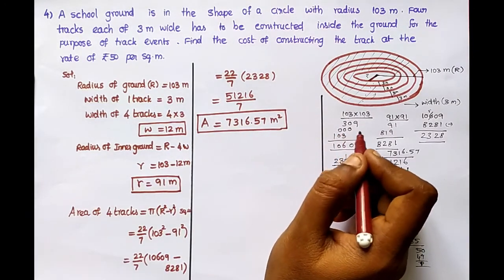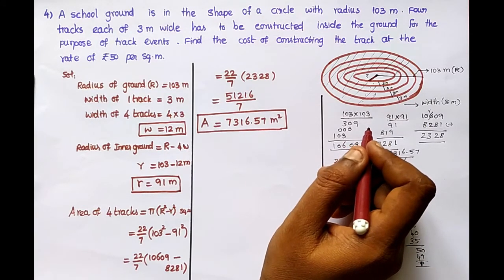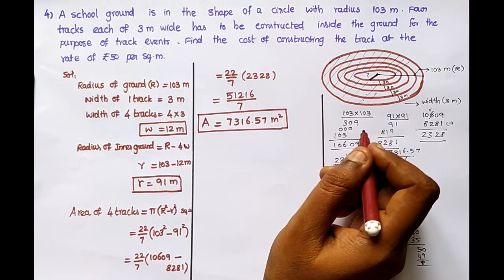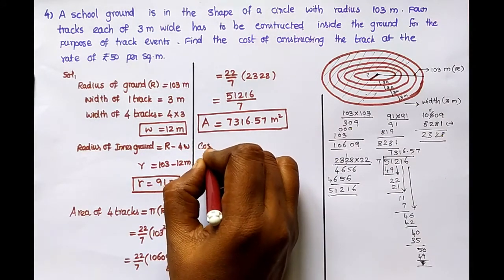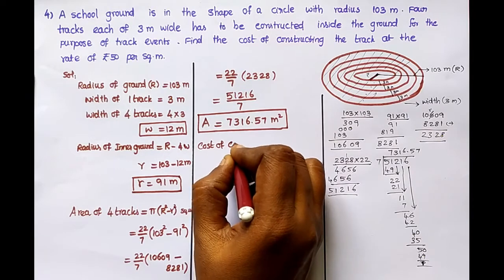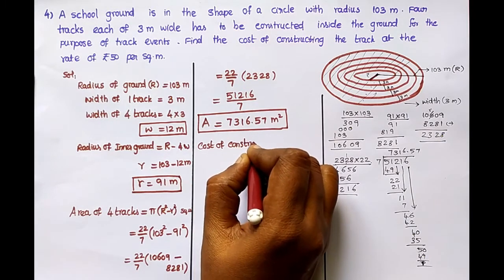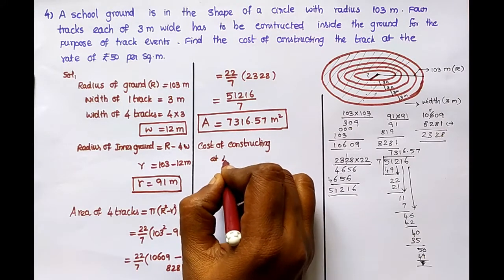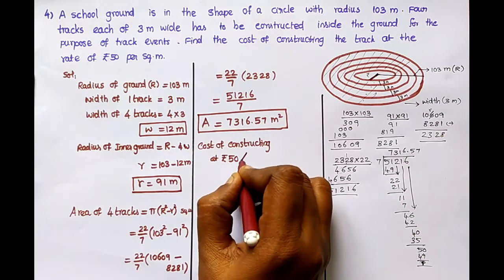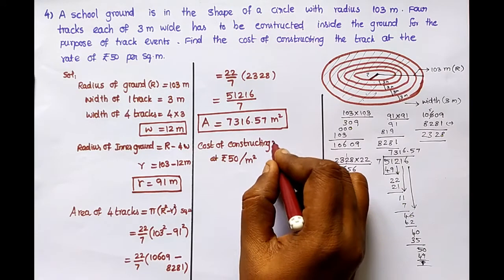We want to find out the cost of constructing. Now the cost of constructing, how much? Constructing at rupees 50 per meter squared.